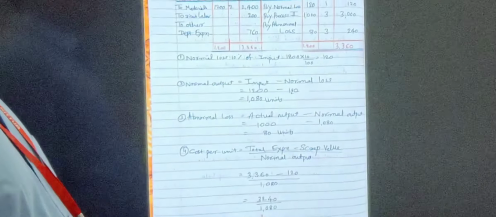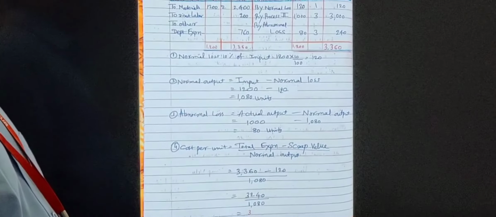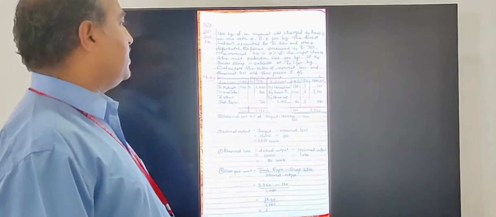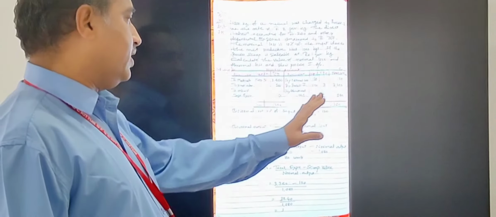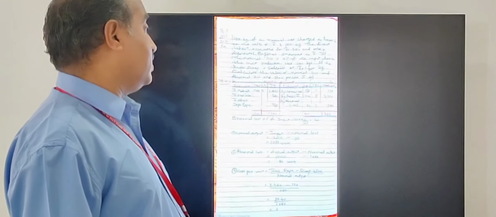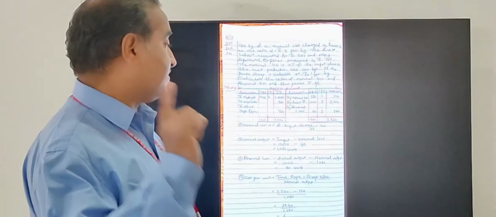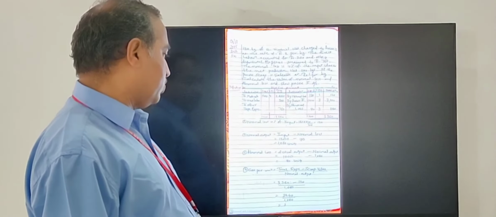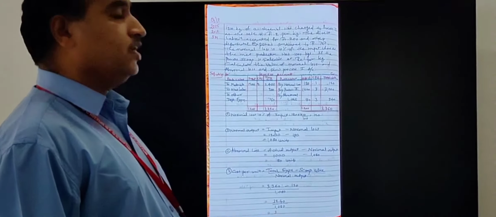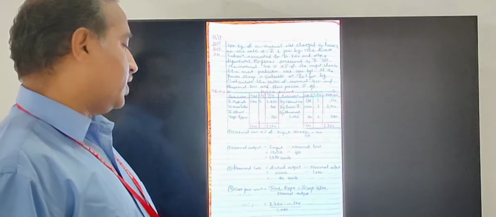Now in this situation, by process 2, 1000 kg and 3 rupees, 3000, that we have to enter. And at last, abnormal loss we always have to enter on the credit side of the process account. Abnormal loss, how many units? 80 units. The rate is cost per unit, 3. 80 into 3, that is 240.